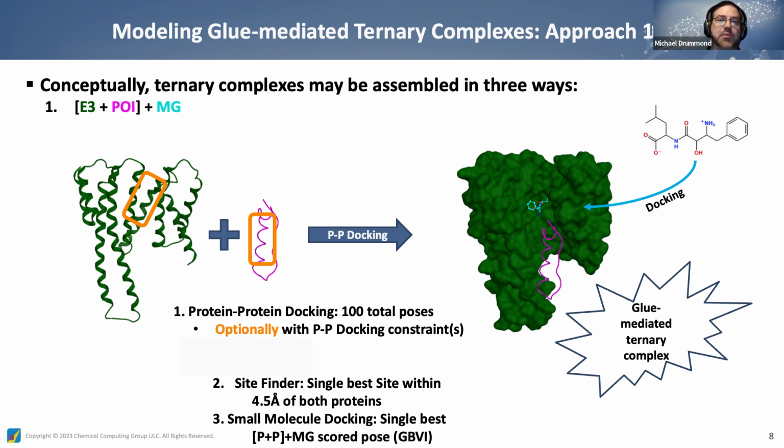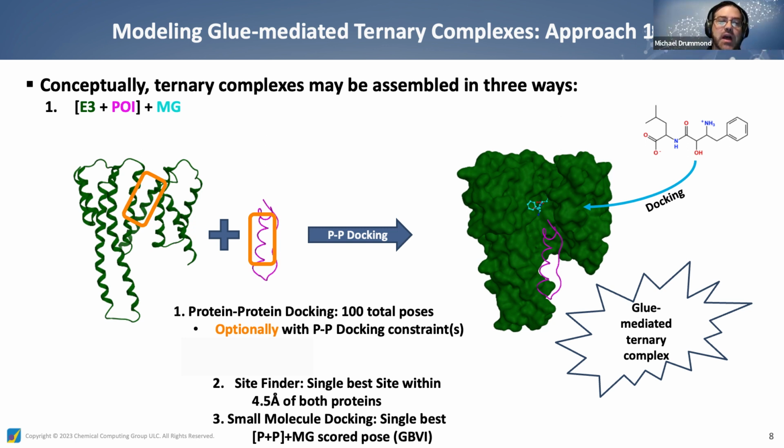Now, it's also possible as you do the protein-protein docking, both just using Mo's protein-protein docking or in our molecular glue tool, which I'll show you in just a few slides, you can optionally add constraints. If you happen to know or suspect even that just one portion of one or both of these proteins interacts with the second protein, then you can add that as a constraint.